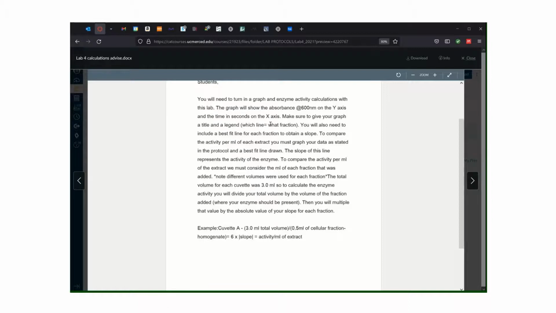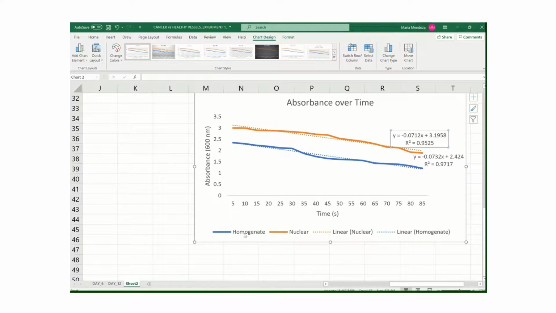Make sure to give your graph a title and a legend. Which line is equal to which fraction? So the whole legend thing, Excel did that for us. You see down here, the homogenate is blue, the nuclear is in orange, so Excel does that for you.